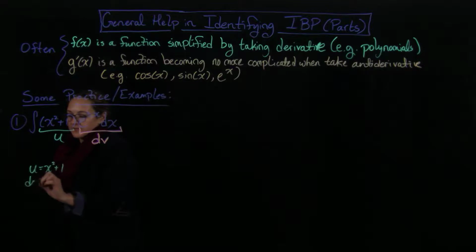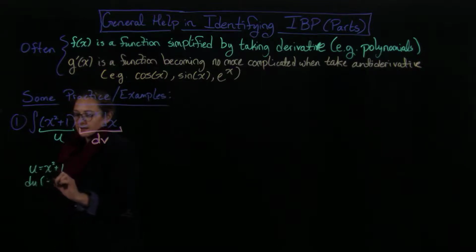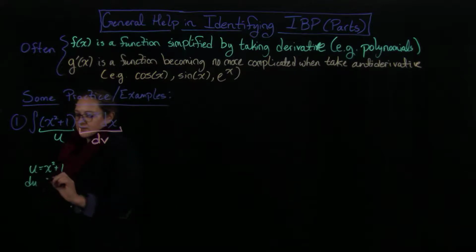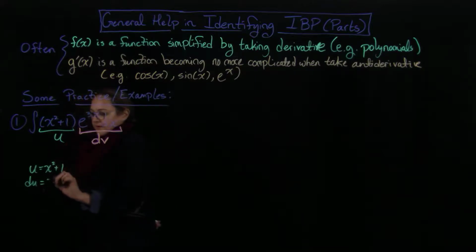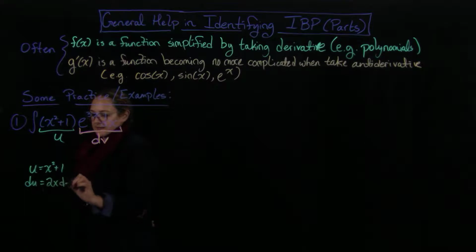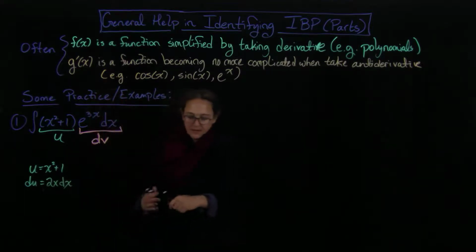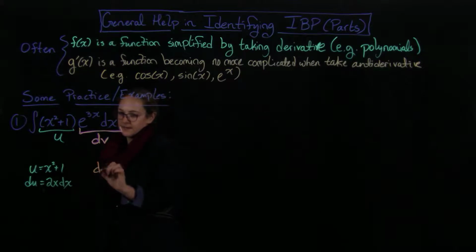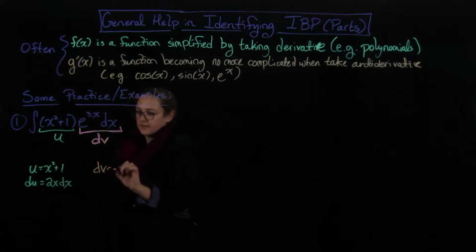And then remember, we take du, and we want the derivative of this and then dx next to it. Okay? And then dv is going to equal e to the 3x dx.